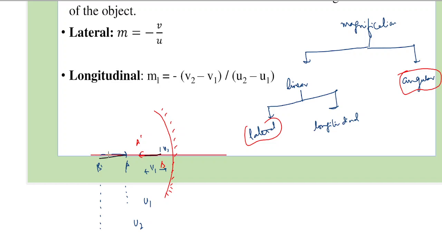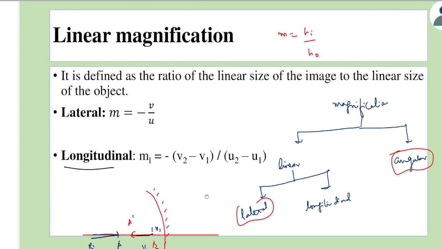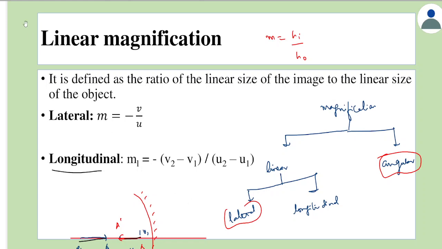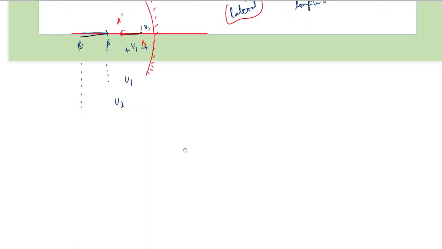That is also called magnification, the longitudinal magnification. So from now on, whenever I say linear magnification, it basically means lateral. It is given as height of image by height of object. We'll try to find what that is in terms of u and v.